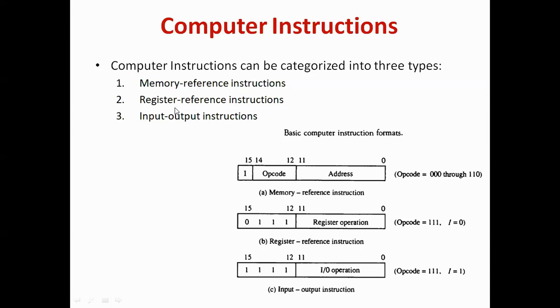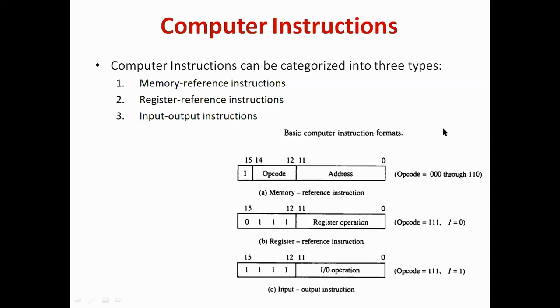And there is another, the register reference instruction, in which those instructions fall which refer to a register. The operand, or something on which we want to work, is already in the register, and we have to act on that, maybe manipulate it by a shifting operation or some operation on the contents of a register.